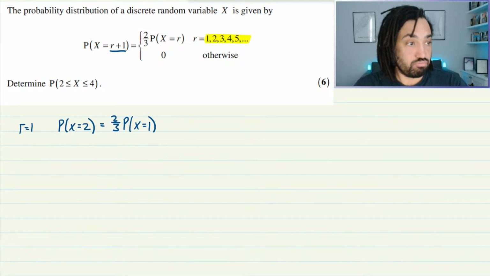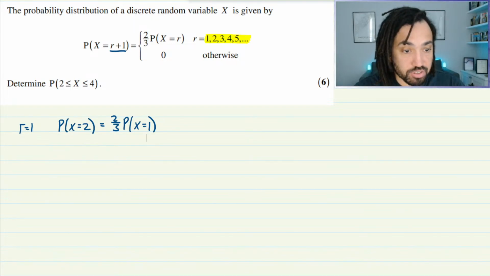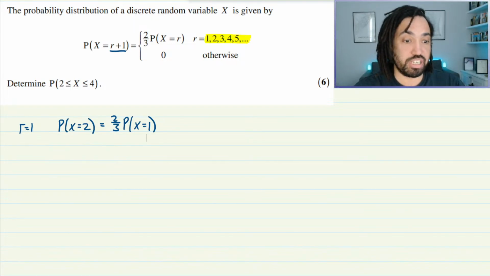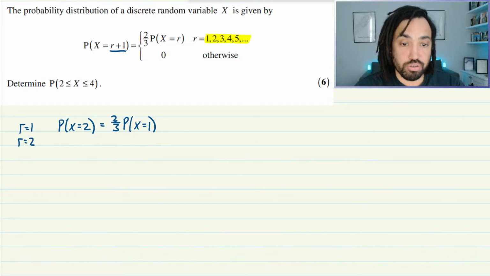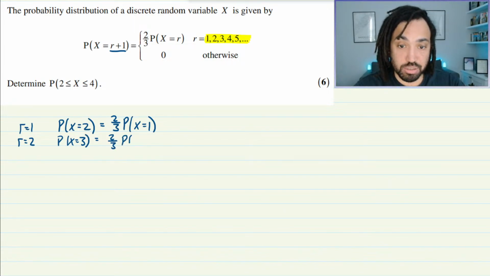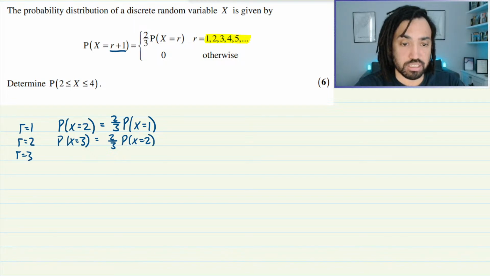Okay? Seems about right. Yes, thanks for the help, sir. No problem. Appreciate it. R is equal to 2. We get the probability of X is equal to 3 is equal to 2/3 of the probability that X is equal to 2. So what type of sequence is this forming, guys?